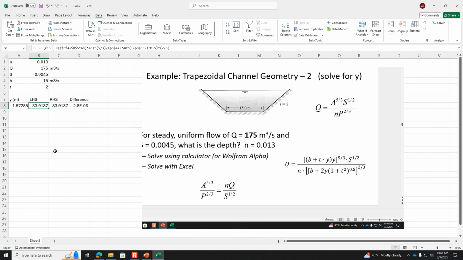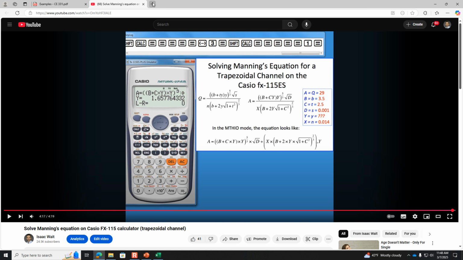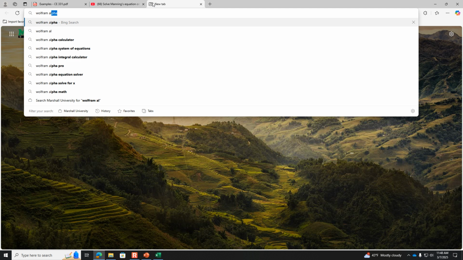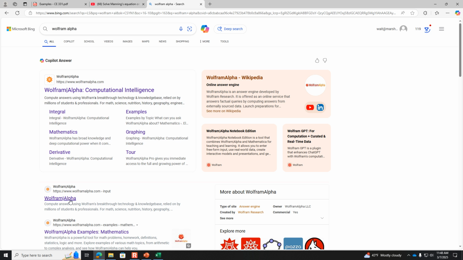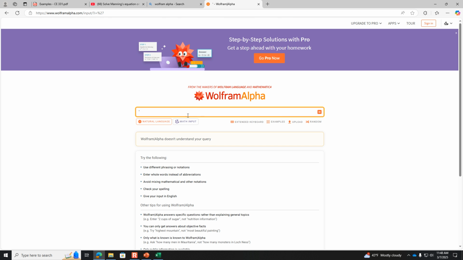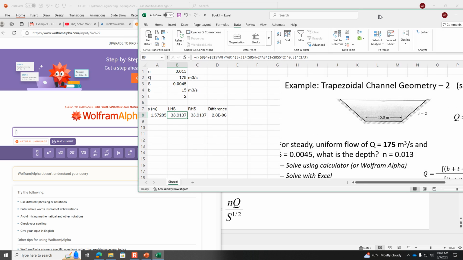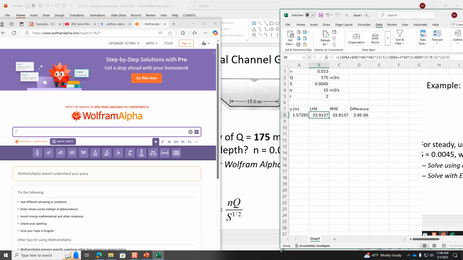So you can do the numerical solver in your calculator. You can do it in Excel. You could use Wolfram Alpha. Remember, we talked, I think, about Wolfram Alpha in a previous class, and you can go to Math Input and start typing the equation.